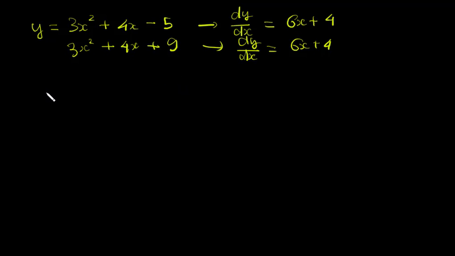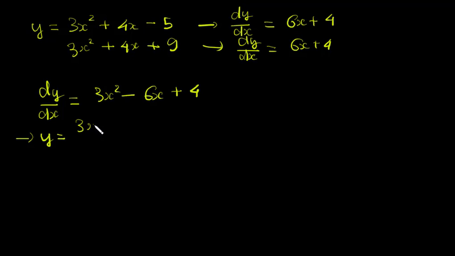Let's say you have dy over dx equal to 3x squared minus 6x plus 4. Now we want to find the equation of the curve, which is y equal to 3, we keep it the same, x to the power 3 over 3 minus 6x squared over 2 plus 4x.